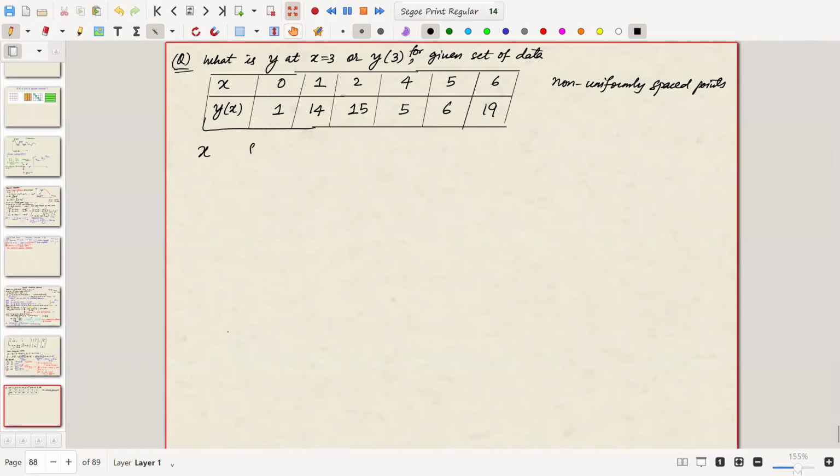This is xi, this is yi. 0 for 1. Then give them space. You see how I am writing. Give them space, don't write it congested. For 1, you have 14. For 2, you have 15. Then 4, you have 5. For 5, you have 6. For 6, you have 19.